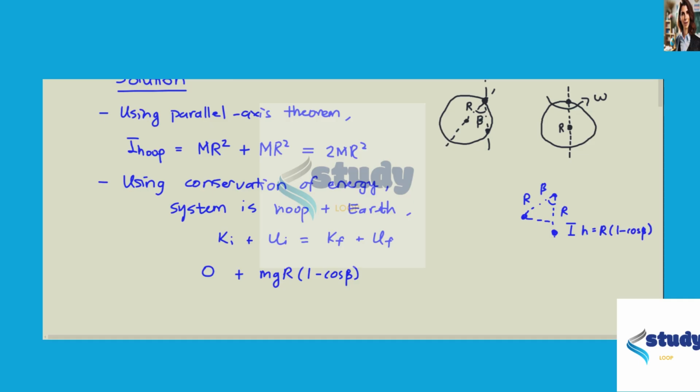So r cosine beta is this length, and so the bottom part, you need to subtract r cosine beta from r, so you get r times (1 minus cosine beta). And then Kf is half I omega square, and Uf is 0.